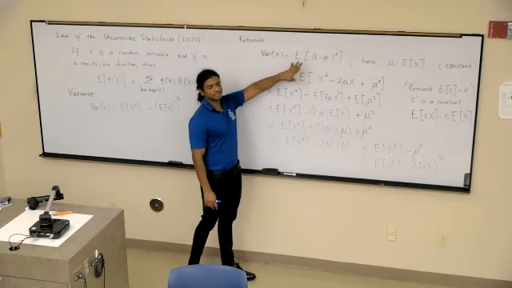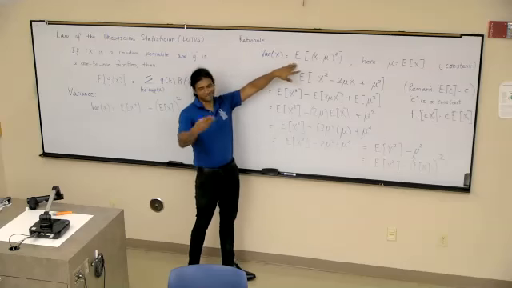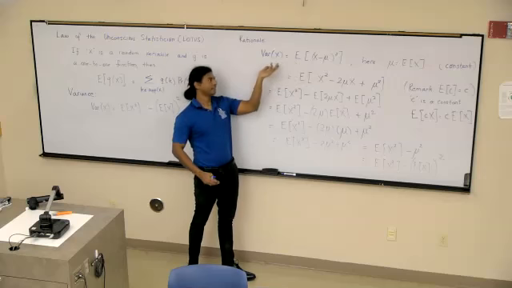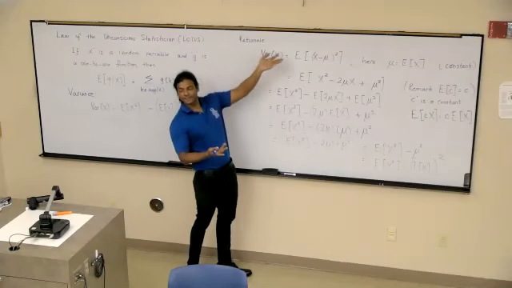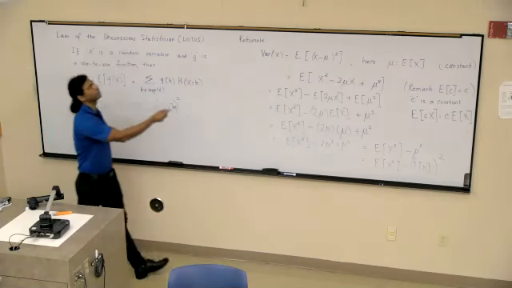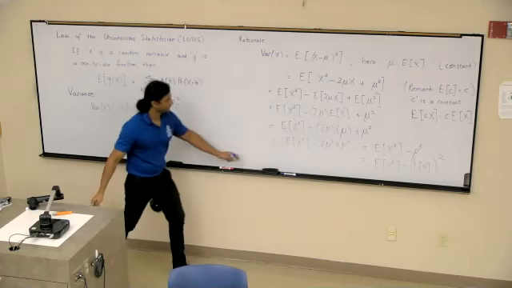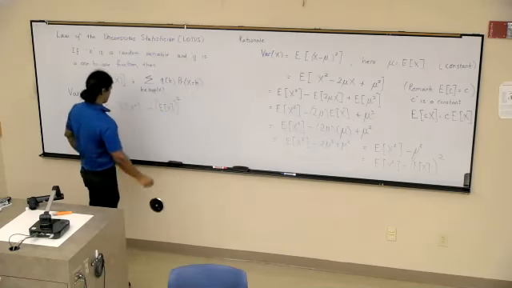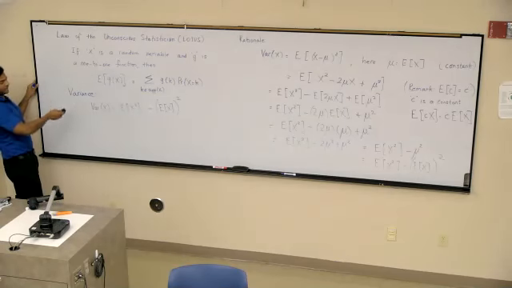Standard notation, most people would go with expectation parentheses of x, variance parentheses of x. I always do it this way, but that's just me. So there is no difference between this and that. You can put brackets there too.